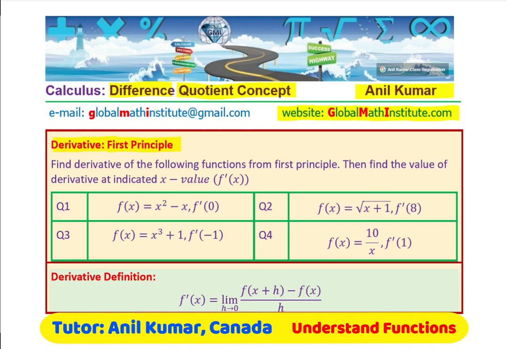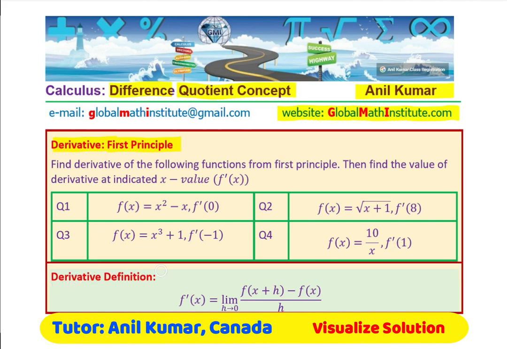Derive the general expression using the first principle and then find the derivative at x equals 8. Question 3, cubic equation f of x equals x cubed plus 1 and then find derivative at minus 1. And question 4 is a rational or reciprocal function 10 over x, then find derivative at x equals 1.